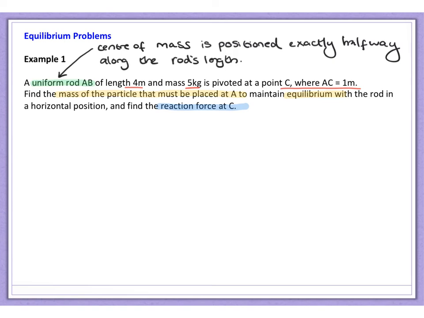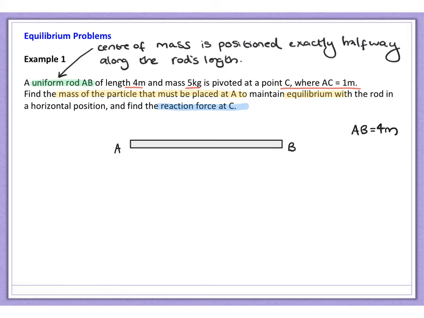So questions like this can seem a little bit overwhelming to begin with, so it's really important that we sketch a clear diagram and make sure that we understand exactly what the system looks like. So here is my uniform rod, and it's AB, so one end of the rod is A, one end of the rod is B, and I'm actually going to write AB equals 4 meters by the side here, because if I add this to the diagram too quickly, it sometimes becomes a bit unclear.